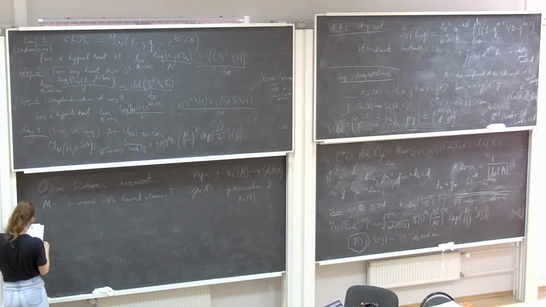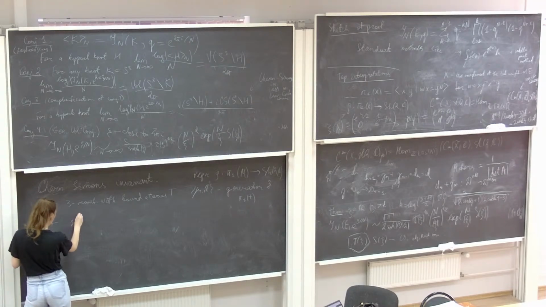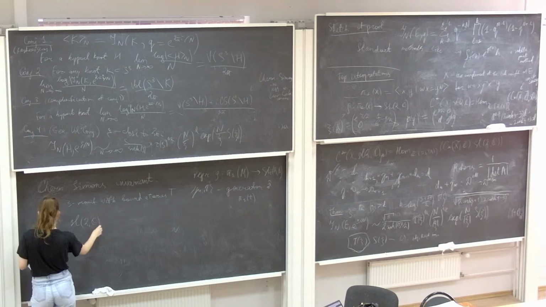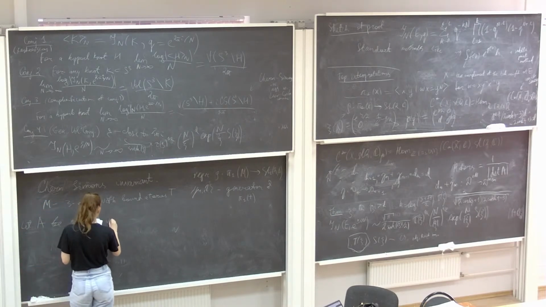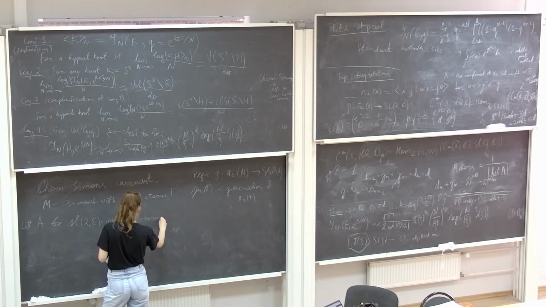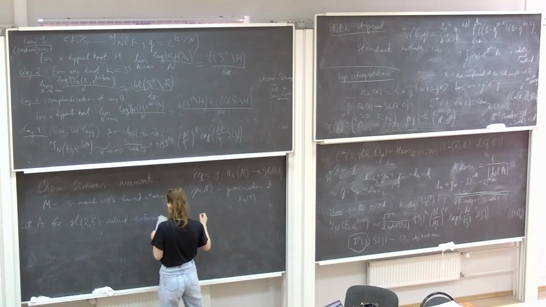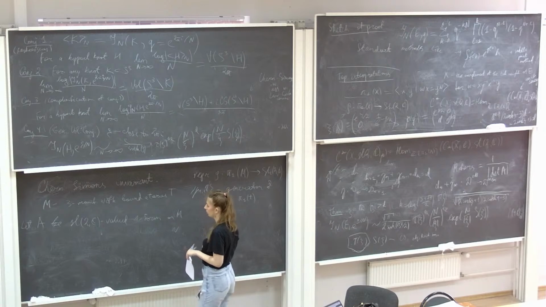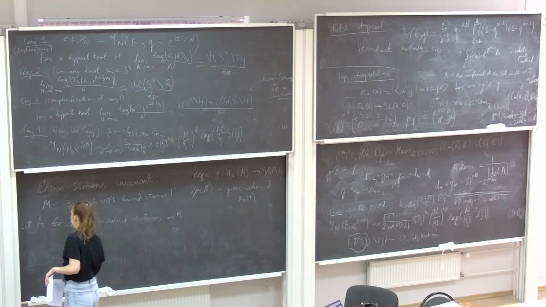Then we can consider A, let's say an SL2-valued one form that defines some flat connection.